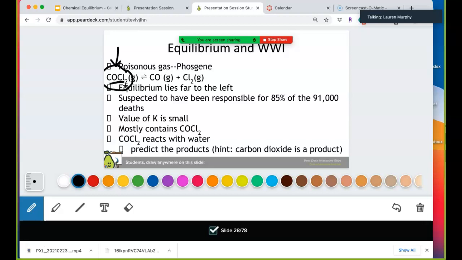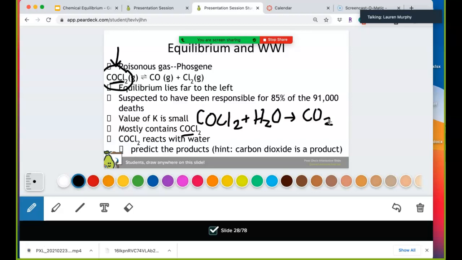And you go, well, why does that matter? Well, phosgene readily reacts with water. This is a problem. So carbon dioxide is a byproduct of this reaction. Anybody want to take a guess at what else it produces that could cause people to die?